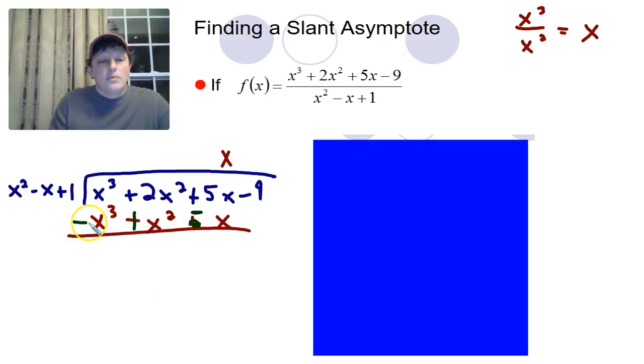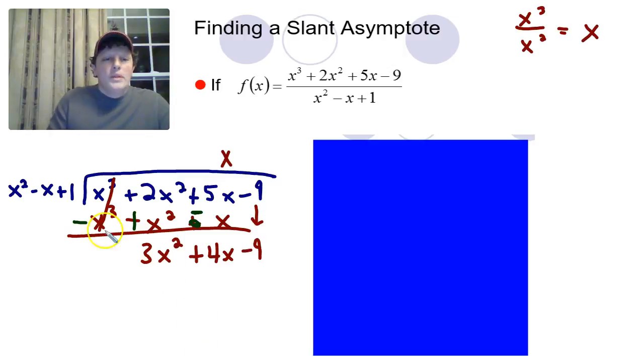When you subtract a positive, you subtract. So all of the signs change, and then you add down, I guess. Right? So the first term should always cancel out when you do this. The next one, we've got 2 plus 1 is 3x squared. 5 minus 1 is 4x. And then we bring down the minus 9.